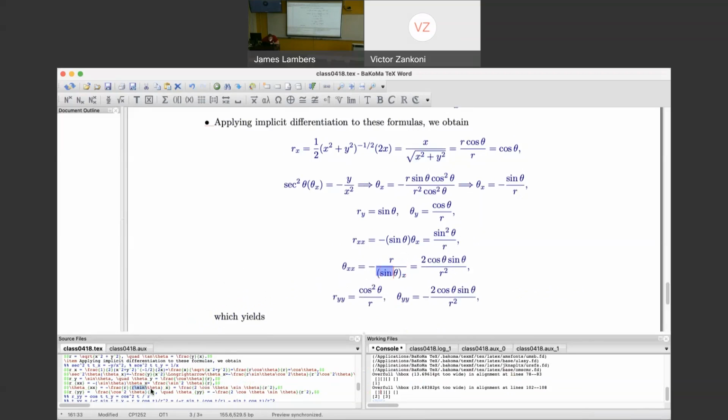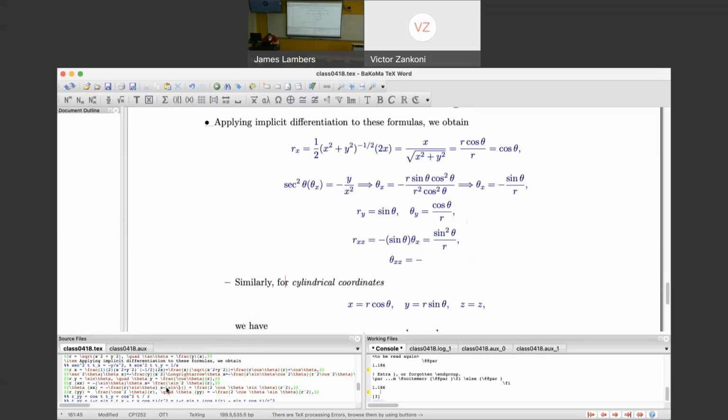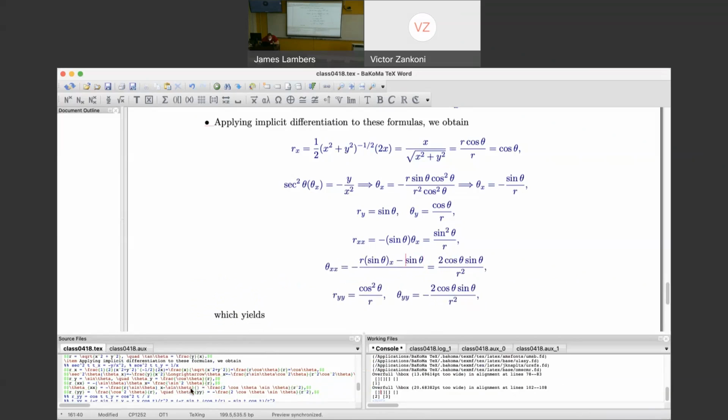Oh wait, that does not belong here. It belongs in the numerator. So r times the derivative of sine theta with respect to x, minus sine theta times the derivative of r with respect to x, all over r squared.